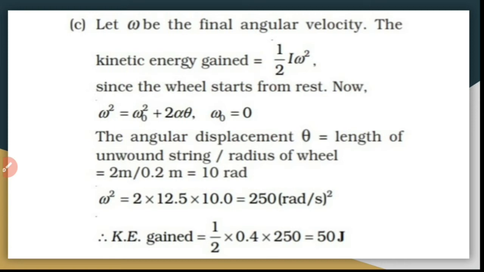Here the arc length is the length of the unwound string, and that divided by radius gives the angular displacement. Getting theta, we get omega square as 250 radian square per second square. So kinetic energy gained is half into 0.4 into 250, that is 50 joule.